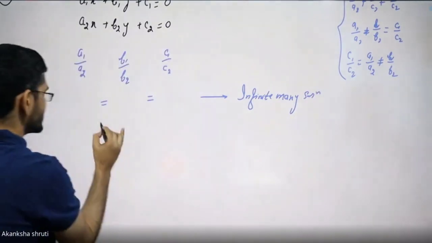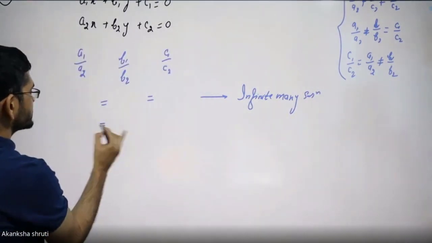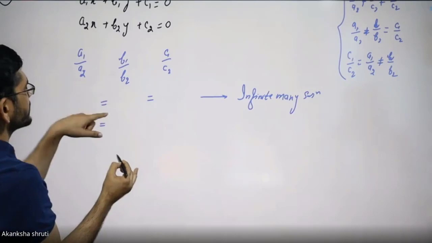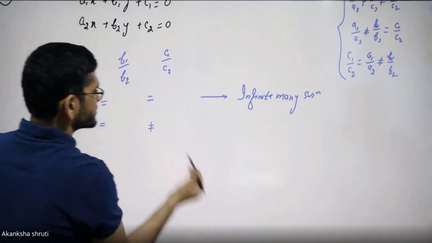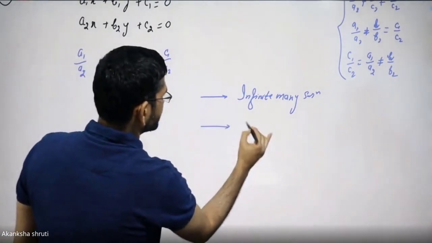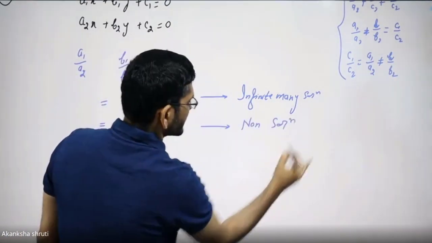The second situation: a1 by a2 is equal to b1 by b2, but this is not equal to c1 by c2, then it has no solution.